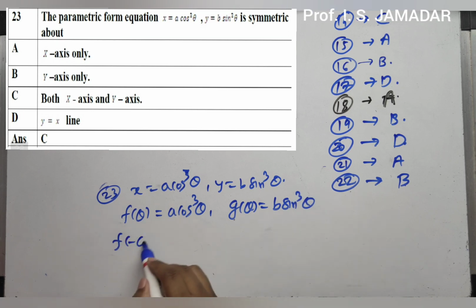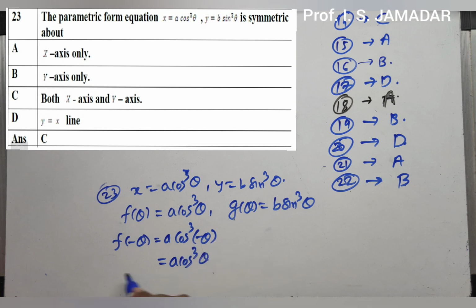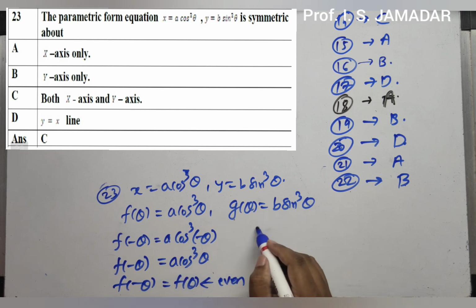Now find f of minus theta. F of minus theta will be a cos cube of minus theta, and cos of minus theta is the same as cos theta, so it is a cos cube of theta. So again you can see that f of minus theta is the same as f of theta. It implies the function f is even.